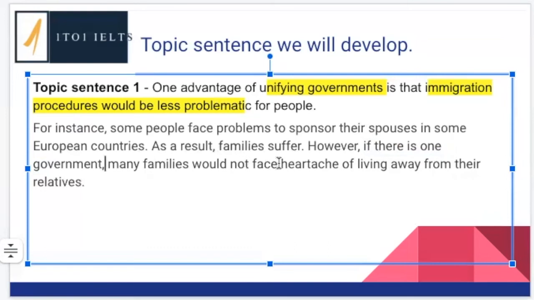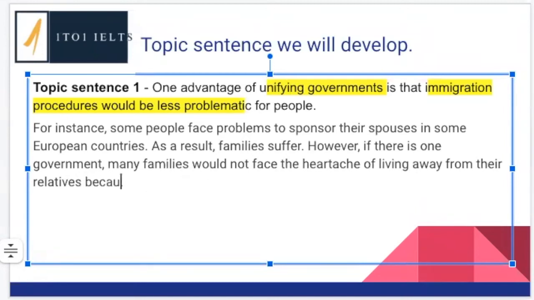Here we're talking about a specific heartache. So many families would not face the heartache of living away from their families. So what has this got to do with immigration procedures, unifying governments?